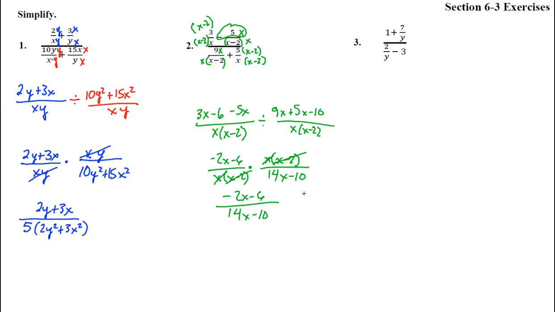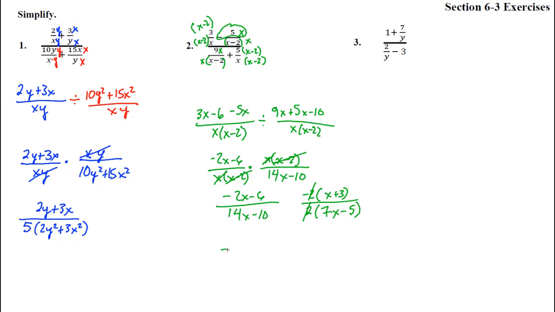Can anything come out of the top? A negative 2, and we're left with x plus 3, and then a 2 out of the bottom, and we'll get 7x minus 5. Okay, and the 2 will cancel.